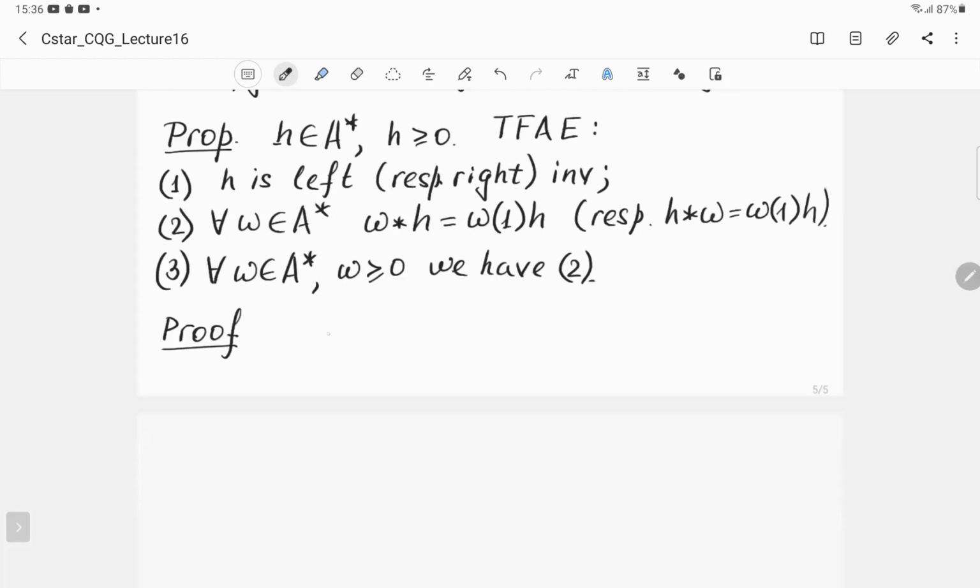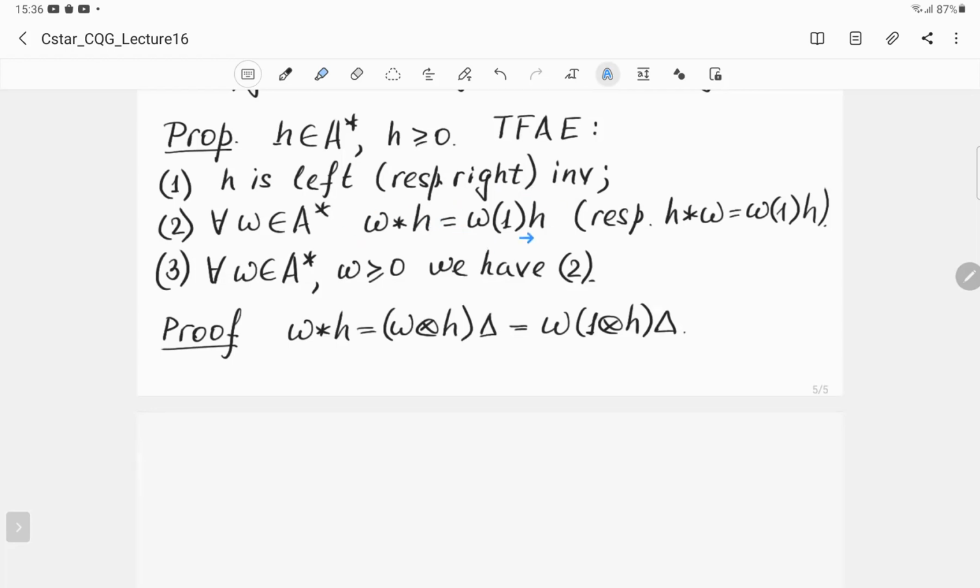So what is the convolution of omega and h? By assumption, this is omega tensor h composed with delta, or equivalently omega composed with 1 tensor h composed with delta. So this gives us the left-hand side of this equality.